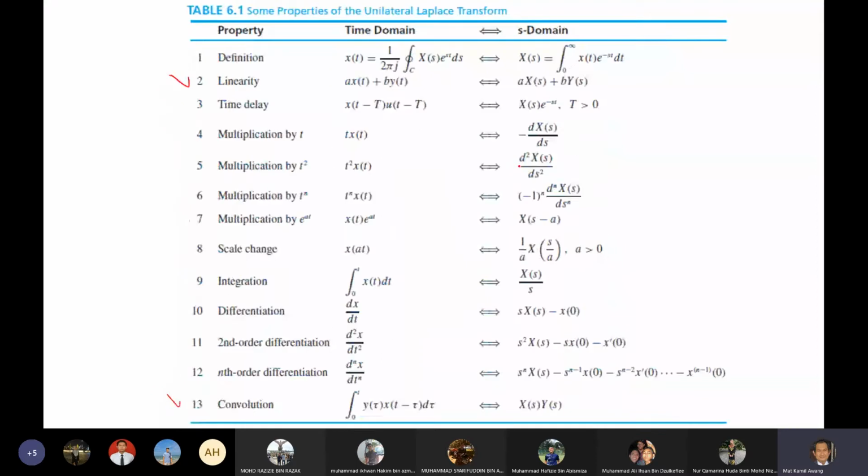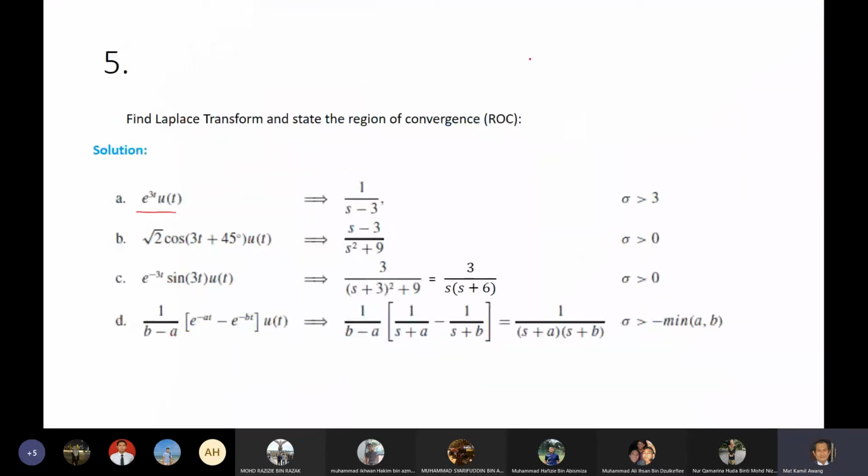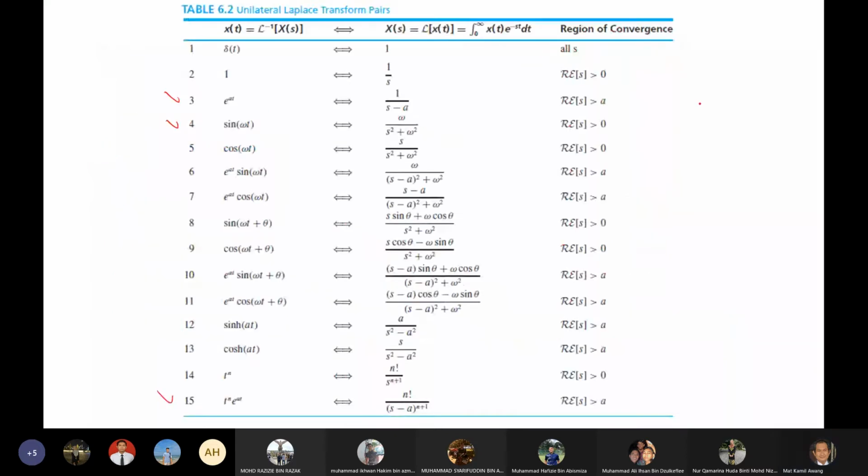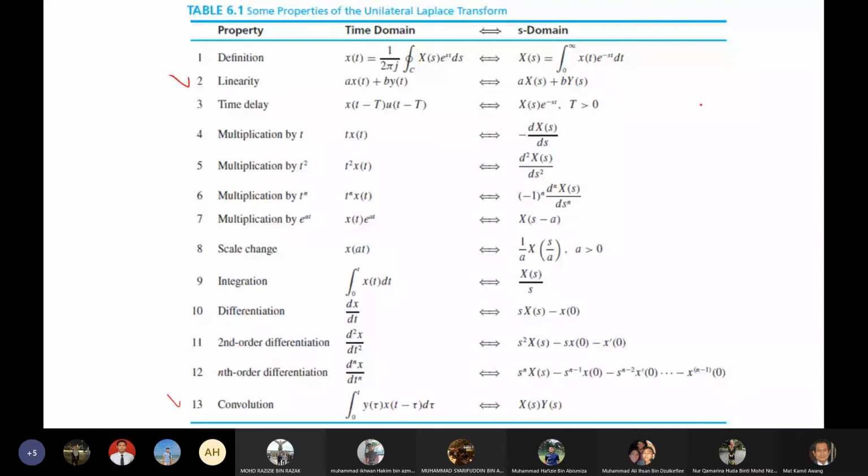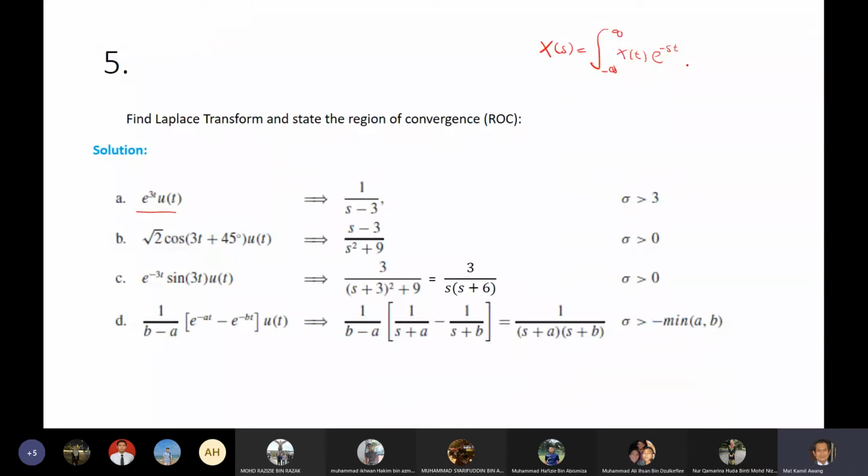Basically this: X(s) is equal to the integration from minus infinity to infinity of x(t) e to the minus st dt.